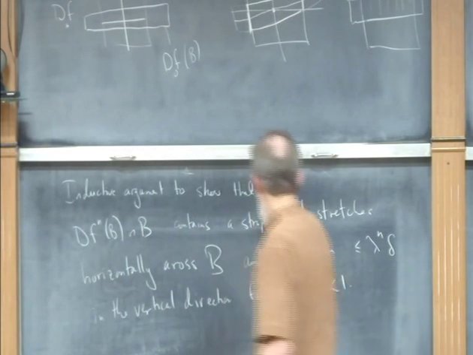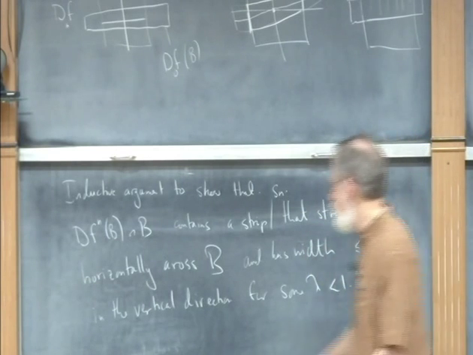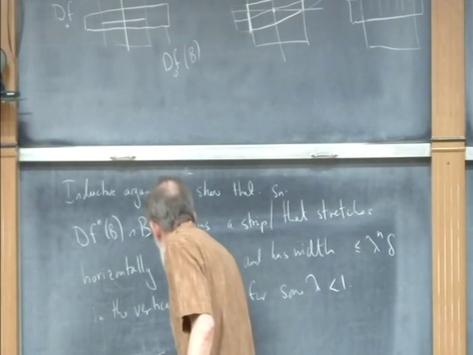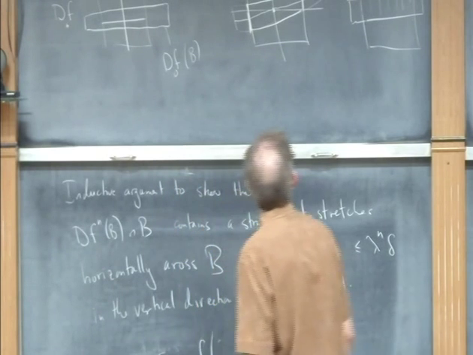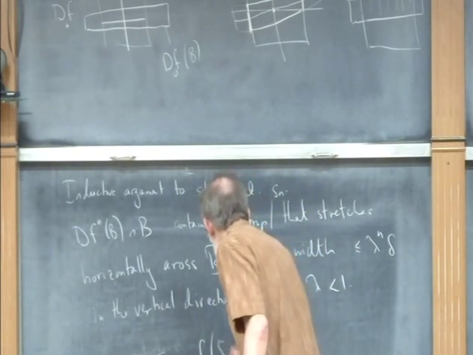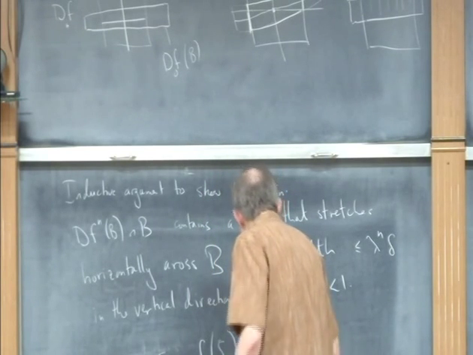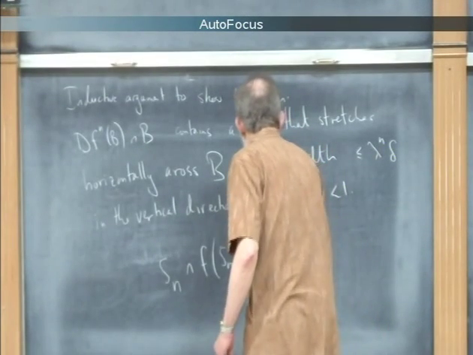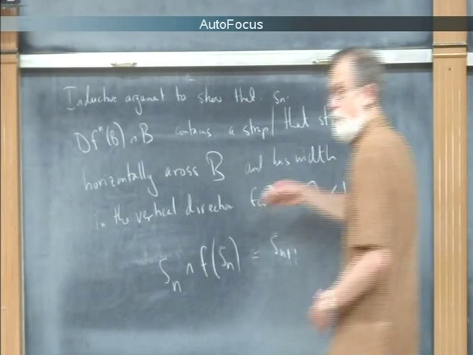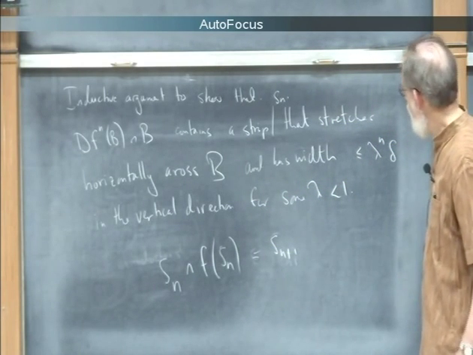And at the next stage you look at S_n again. So at each stage you look at S_n and intersect with S_n, and that gives the next strip. So you can keep iterating.